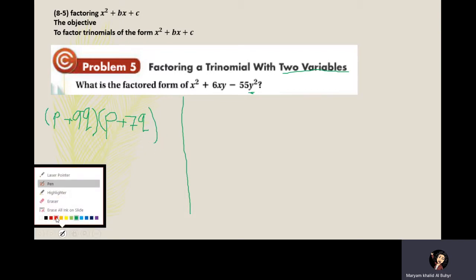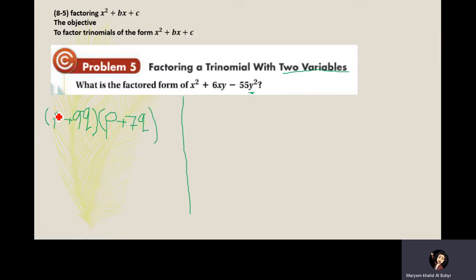So we learned how to multiply these. We multiply the first with the first and the last with the last, so that will be p squared. Then p times 7q gives 7pq.